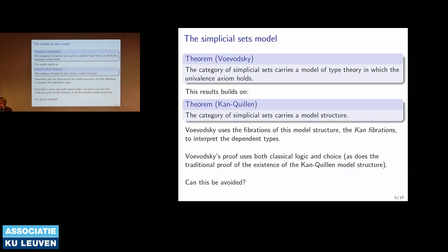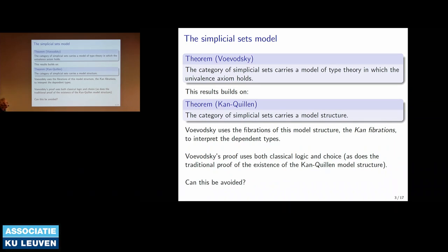If you look at the proof of the existence of this model structure, the proof that Voevodsky gave, it uses classical logic and the axiom of choice in various places.